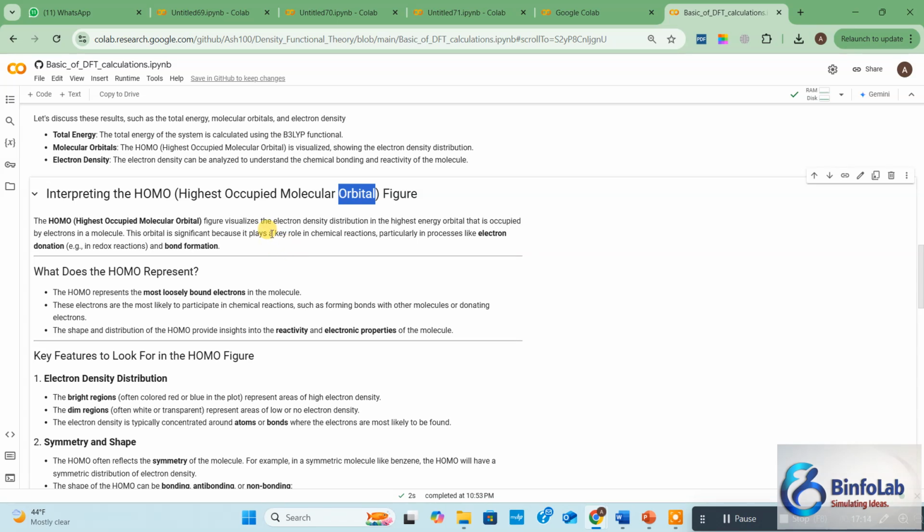Now remember that some of the electrons are very naughty, I will use the word naughty, or they are more reactive compared to the other electrons.